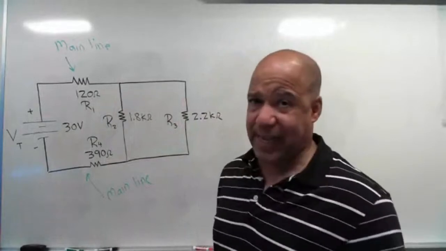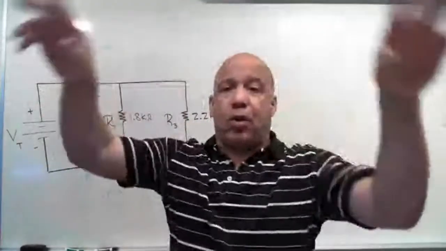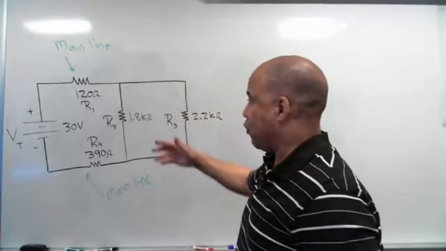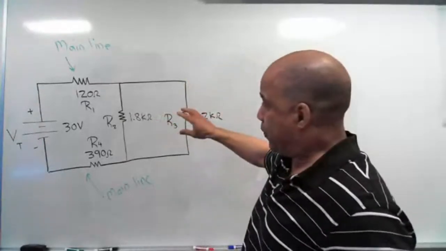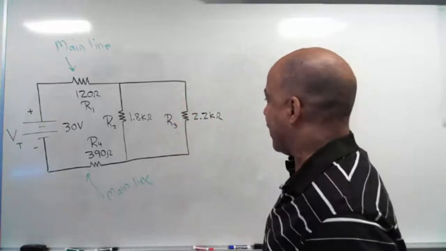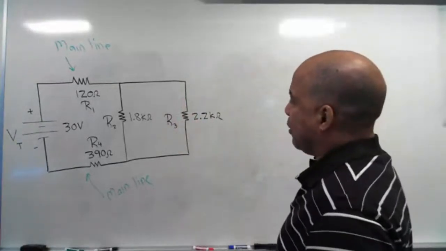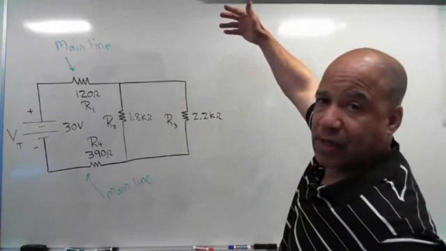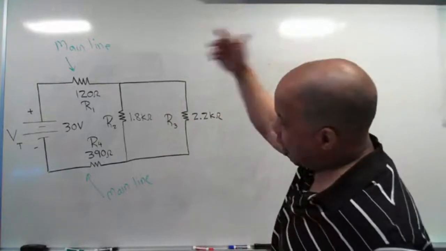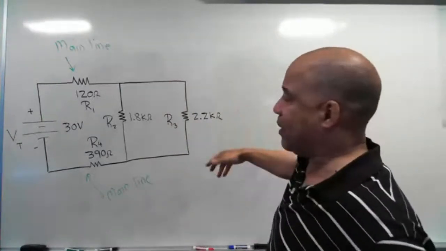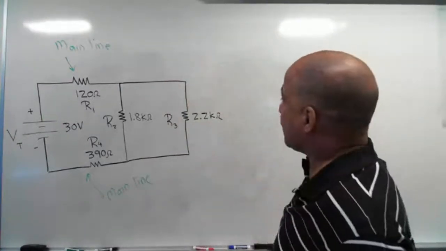What I mean by that is put boxes or some kind of mark so you can name your nodes. So if you drew this on your paper, identify the two nodes that you know exist in the circuit. I'll give you a minute to do that. There's two nodes, and anything in parallel has got to have a node on the top and a node on the bottom. Call one of those nodes A, call the other one node B. If you've got more than one, C, D, and so forth.